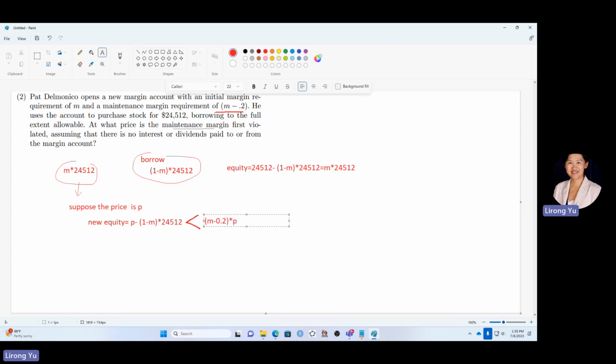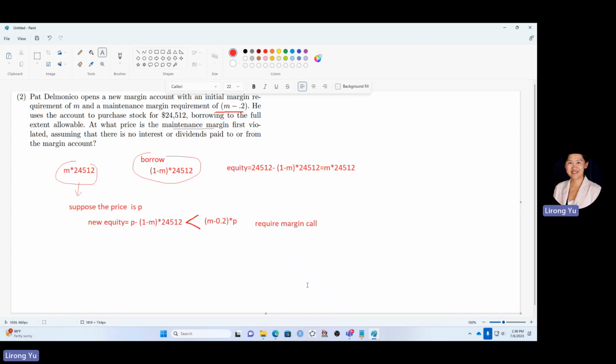Now the new market price is P. So if it went below that, that's what would require a margin call. If the price went too low, lower than the maintenance margin requirement, we will receive a margin call.